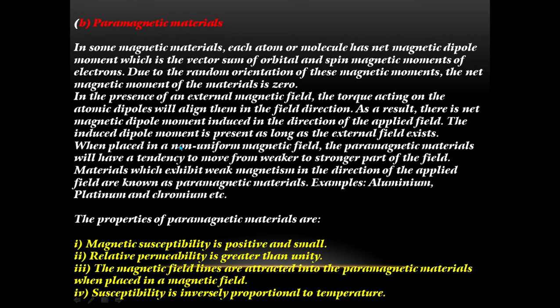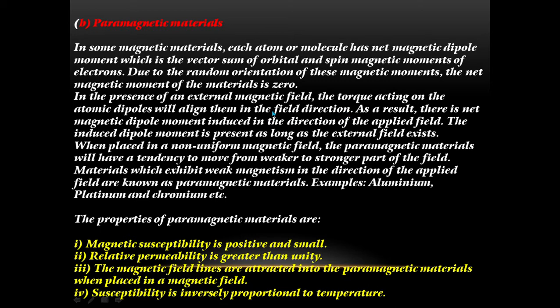Next, an important point for the paramagnetic material. In the presence of an external magnetic field, what happens? The torque acting on the atomic dipoles will align them in the field direction.